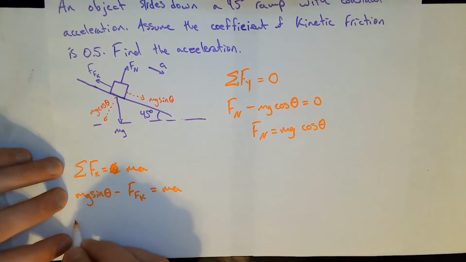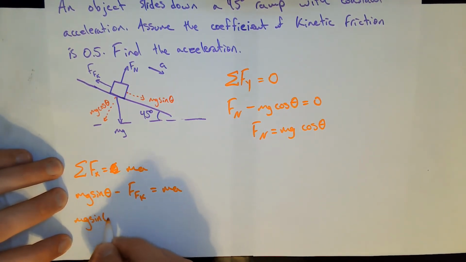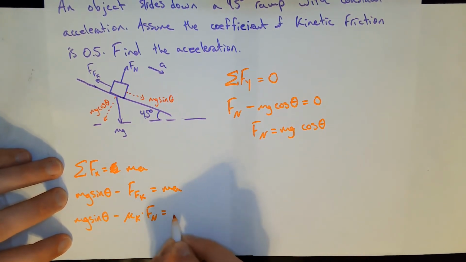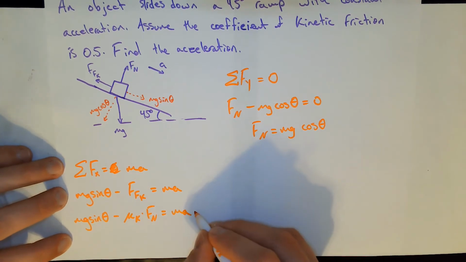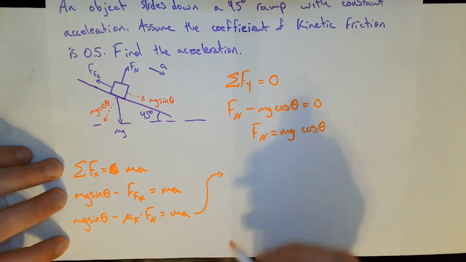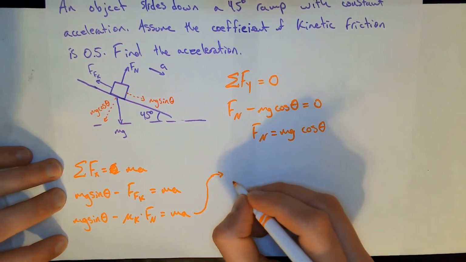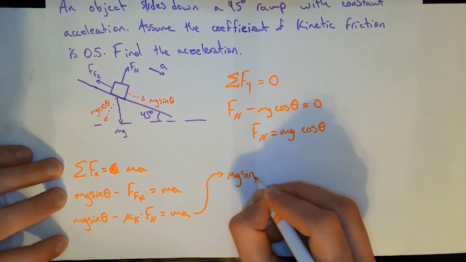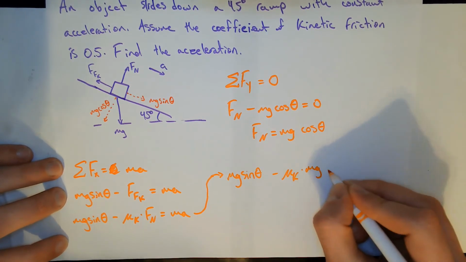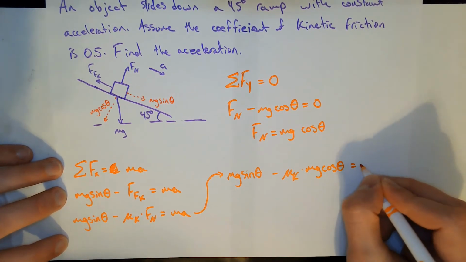By definition, my friction force is equal to mu sub k times the normal force. My normal force, by this relationship, I have that, so I have mg sine theta minus mu sub k times mg cosine theta, and that's equal to ma.